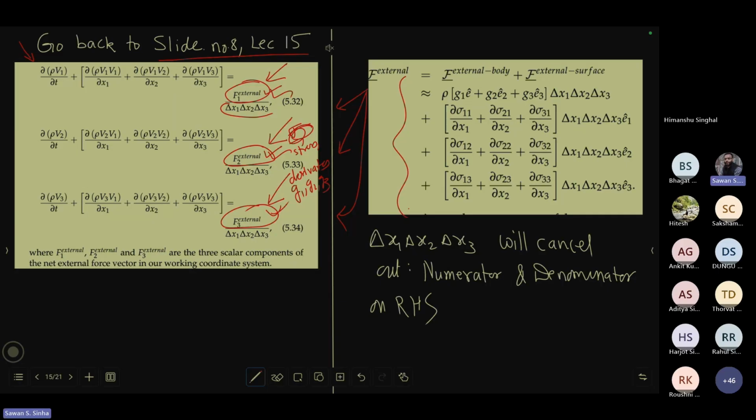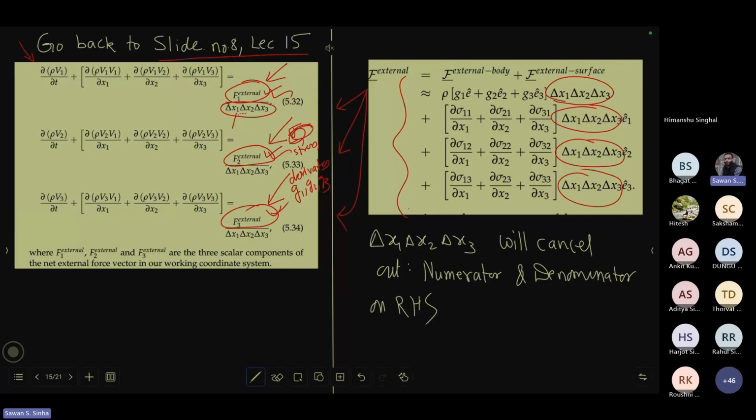Notice that there is this product, the volume of the control volume, in the denominator, whereas here it is in the numerator. So this is going to get cancelled out. Similar to what happened in the continuity equation and what I described in the beginning of this class.